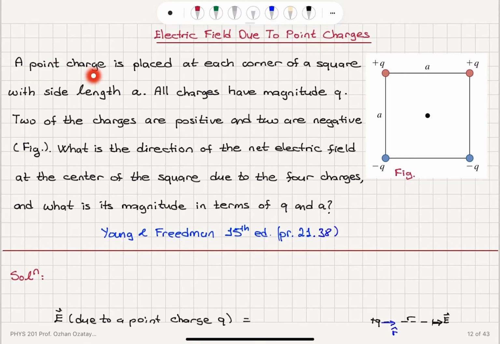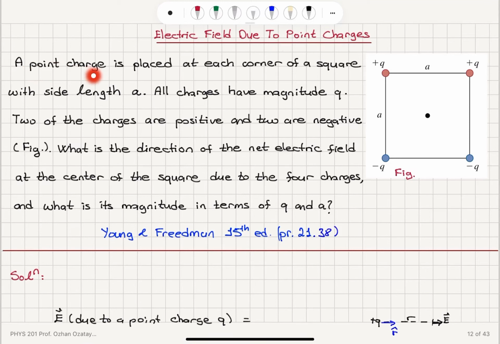So this is mislabeled. This is due to charge 2. This is due to charge 1. And we will have an electric field pointing towards charge 3 and pointing towards charge 4.